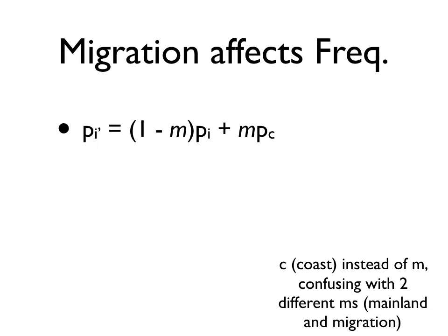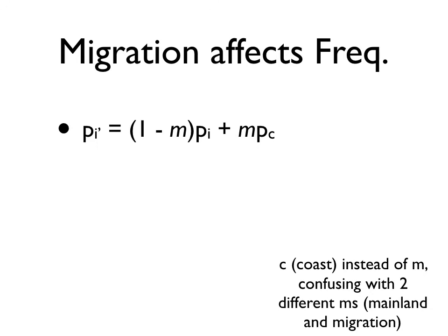So in this equation, you have this italicized M, which represents the number of migrants, or the proportion of the individuals that are breeding on the island that came from the mainland, okay? So that's what M means. We're interested in this island. I'm going to show you the island in a minute. But the M represents the proportion of individuals breeding on the island that came from the mainland.